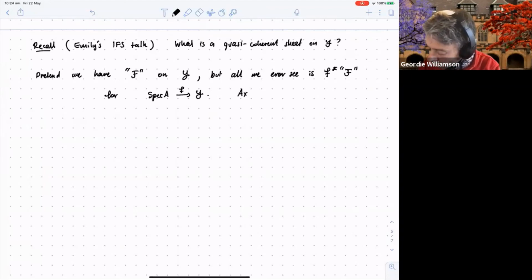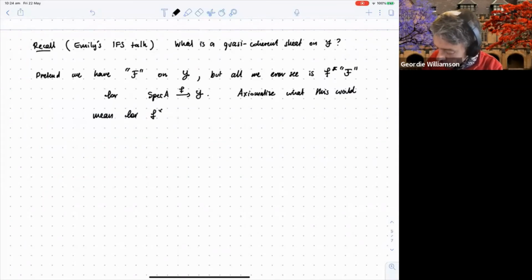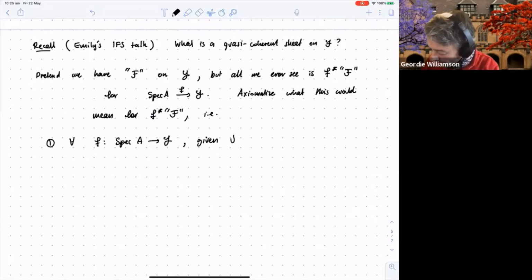And then we axiomatize what this would mean for F upper star of the mythical creature, i.e. for all maps F from spec A into Y, we're given F spec A inside quasi-coherent sheaves on spec A.